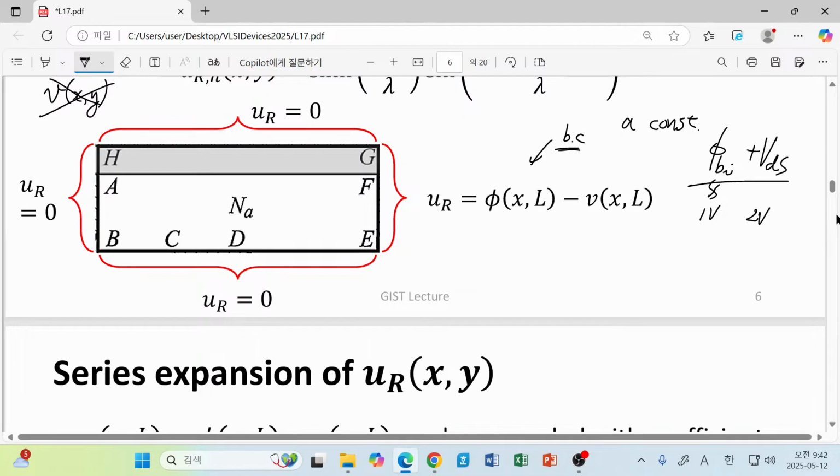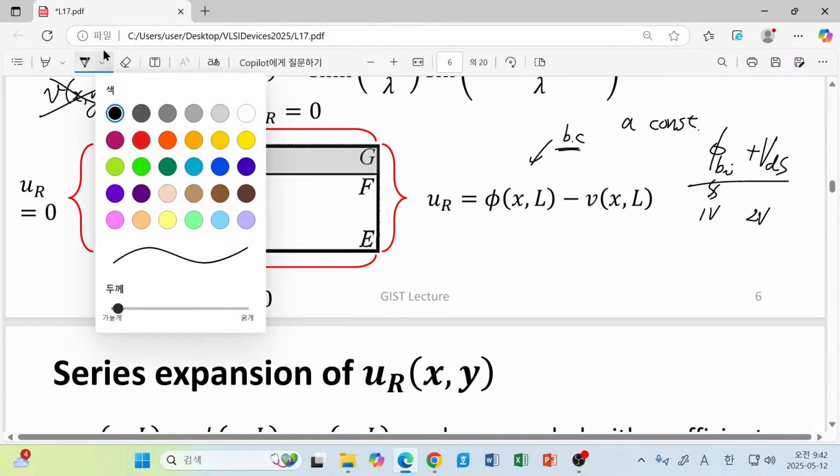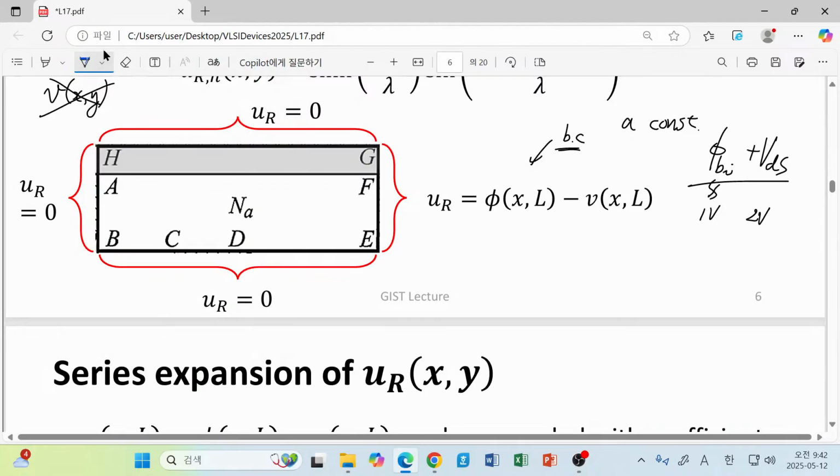So overall, now along this line 0, also along this line 0, and also along this line everything is just 0, and we have only one side which does not vanish.